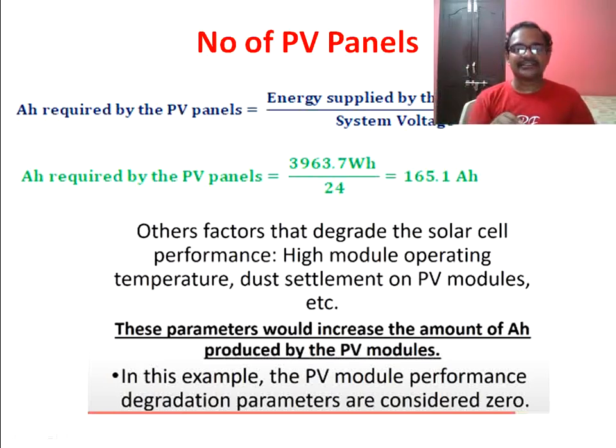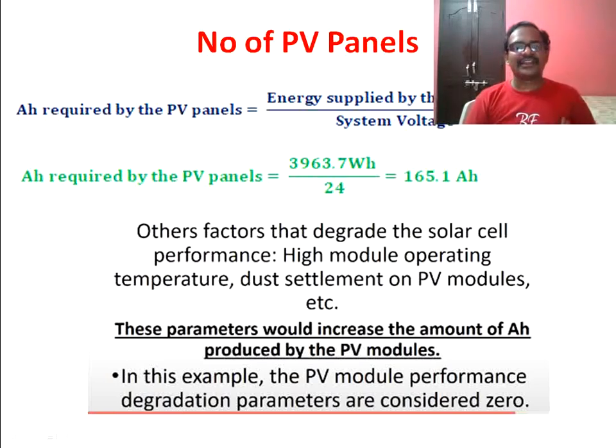Other factors that degrade the solar cell performance are high module operating temperature and dust settlement on the PV module, the 2 points which we already discussed. We are not taking these two things into consideration, because once we do, the ampere hours that have to be supplied by the solar panel will increase further, and we need to use more and more panels. Practically they will be there, but for the time being I am not considering these parameters.